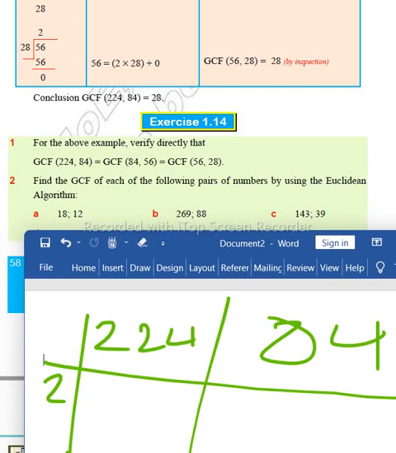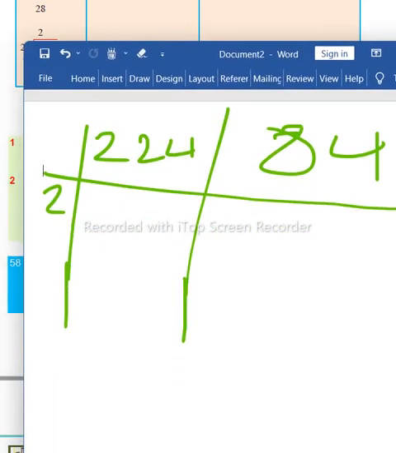We have to check for this greatest common factor. We divide this number by 2. When we divide 224 by 2, we get 112, because 2 times 112 is 224.